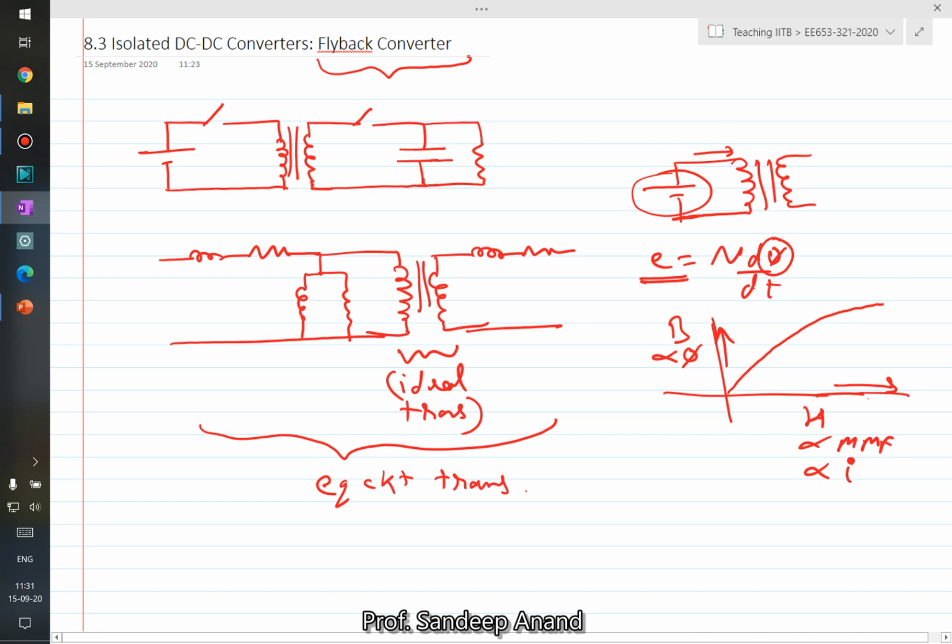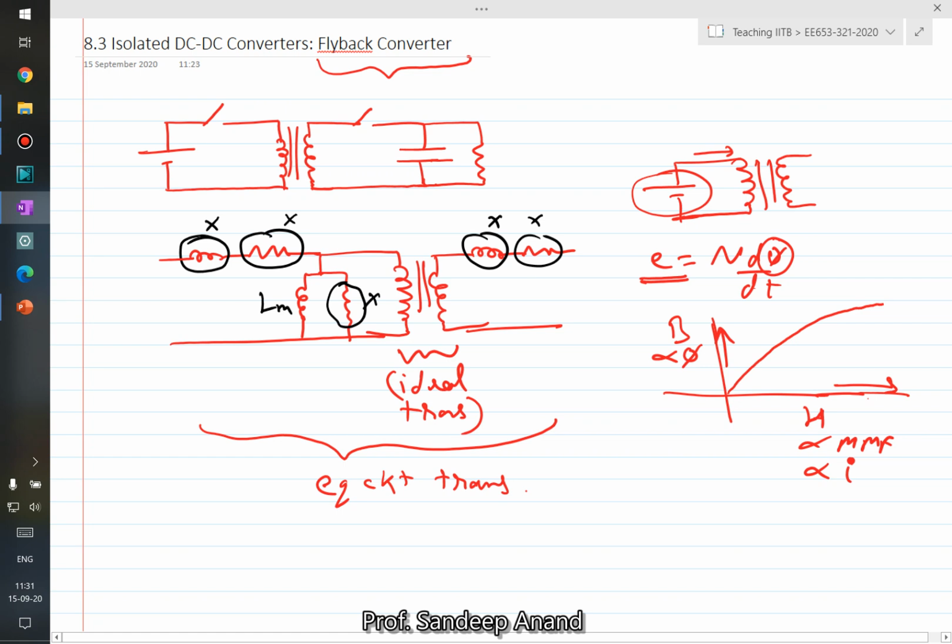So what we are going to do is simplify our understanding of the circuit. For the time being, we would assume that there are no leakage inductances, no winding resistances, and no core loss happening in the circuit. The only non-ideality that we would consider here as of now is this magnetizing inductance Lm, right?